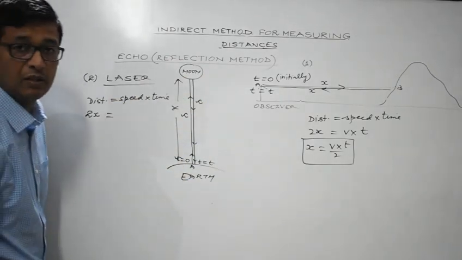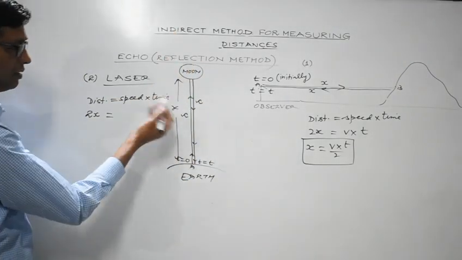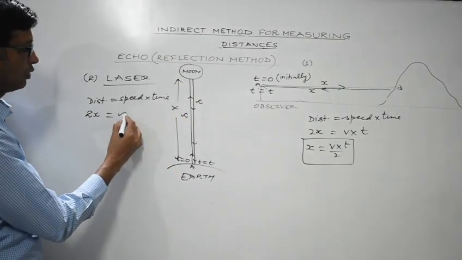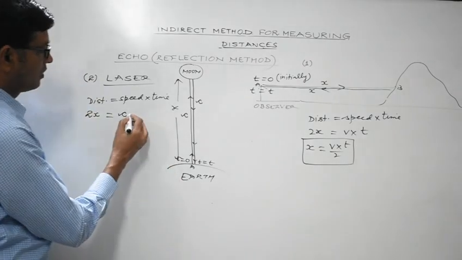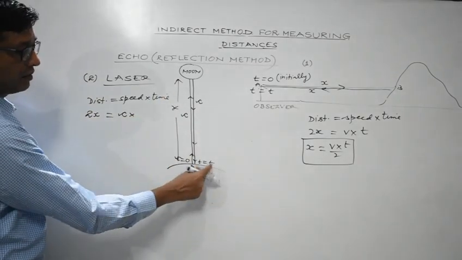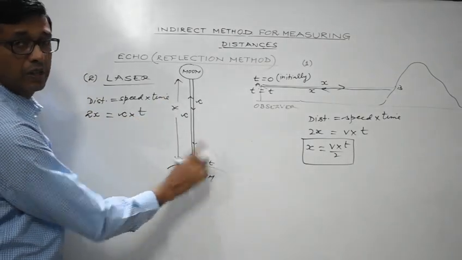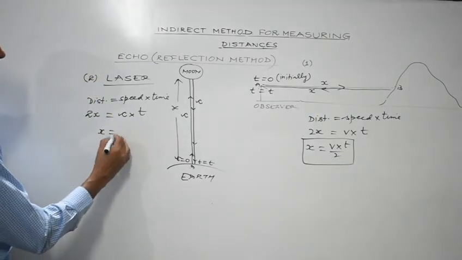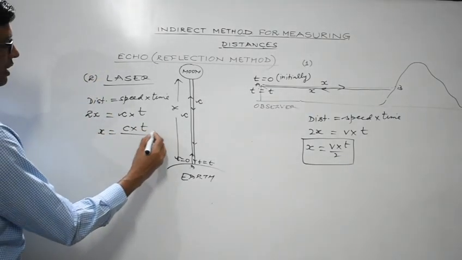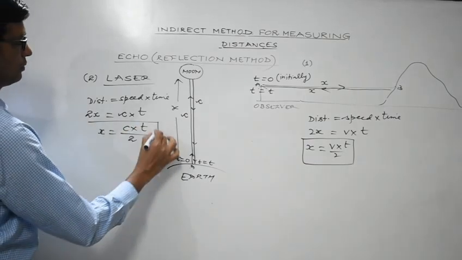With what speed is the monochromatic beam traveling? It's an electromagnetic wave, so its speed is c, the speed of light or any electromagnetic wave. And what is the total time taken? t. This can be found experimentally, right? So x would be equal to c into t divided by 2.